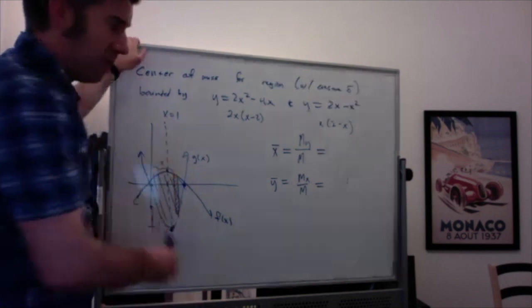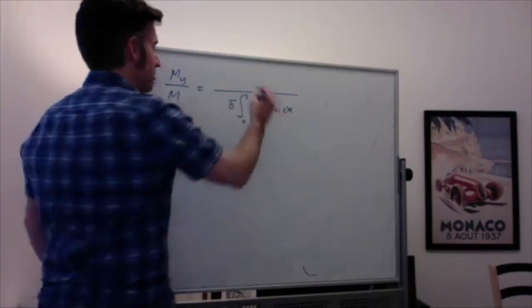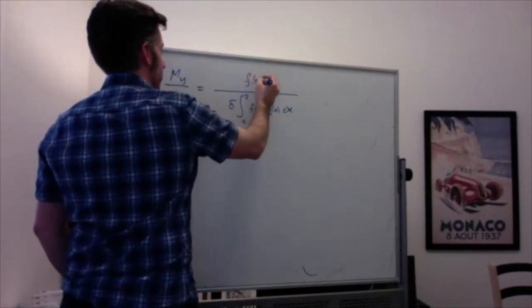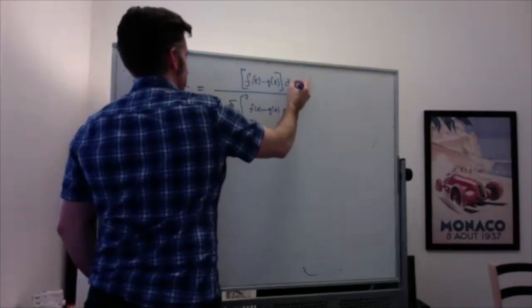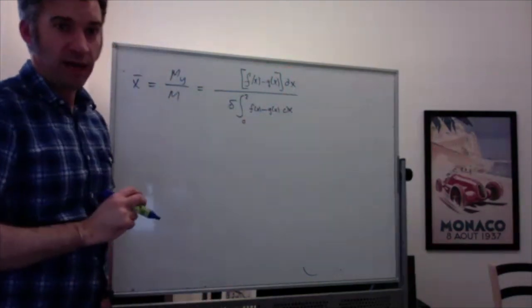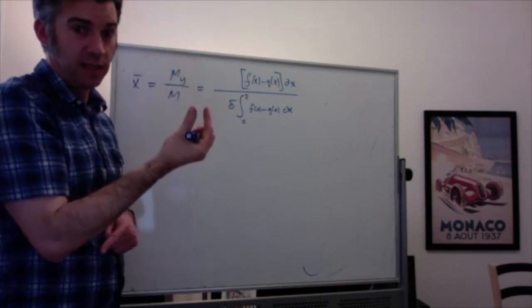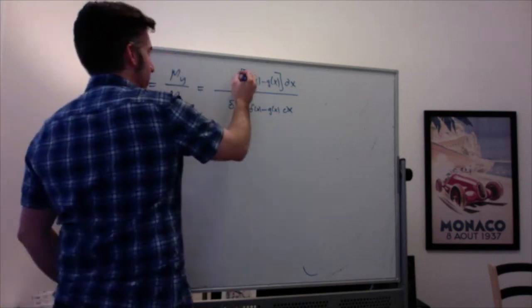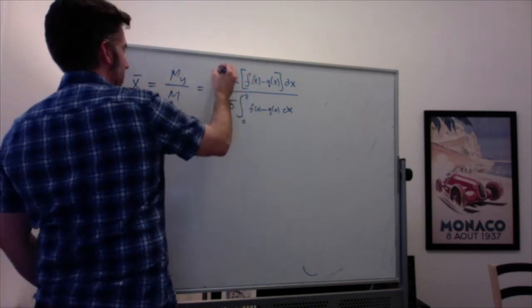So the moment for that part is the mass of that one rectangle, f of x minus g of x, the height, times the base, which is dx, times the lever arm, which is x, times the density.